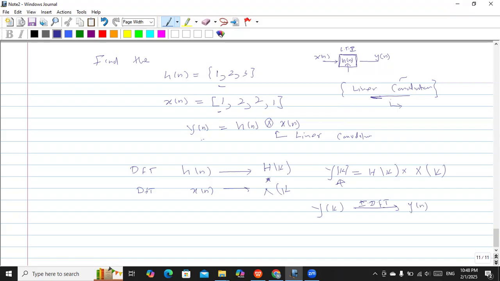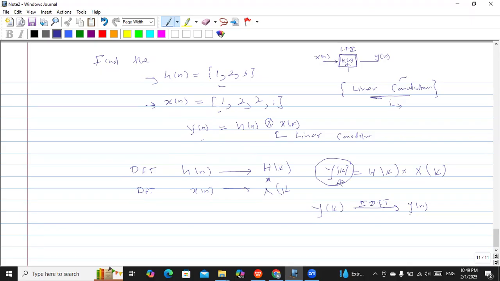So that is why they ask us to apply DFT. First we apply DFT to this one and this one, so it will be Hk and Xk. Then we can multiply them, so we will have Yk, which is the DFT of yn.